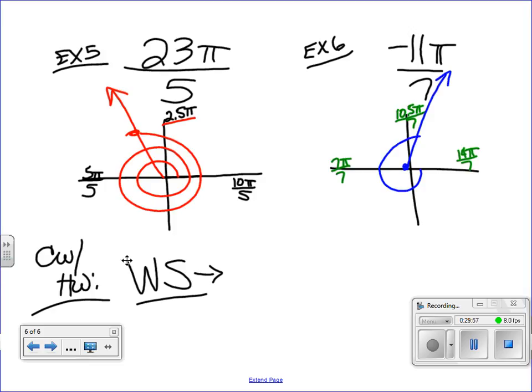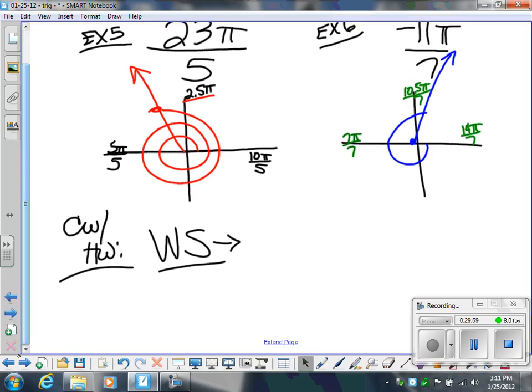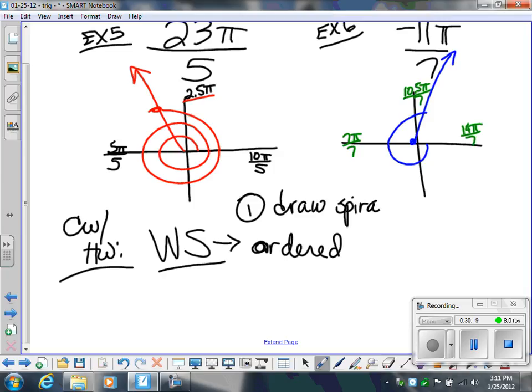Numbers 1, 5, 6. Does everybody understand? Oh, here's the back. There's the back. You do front or back?